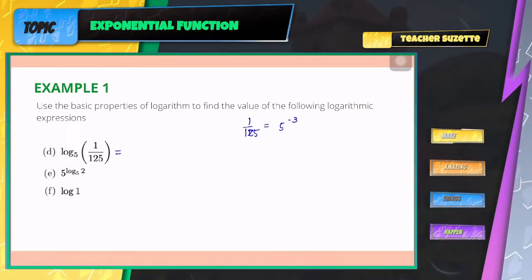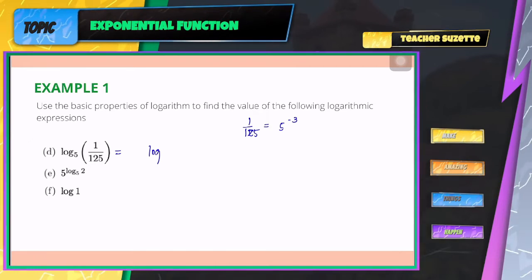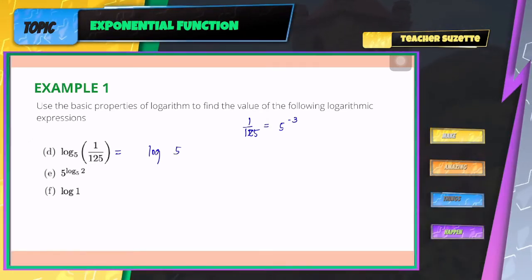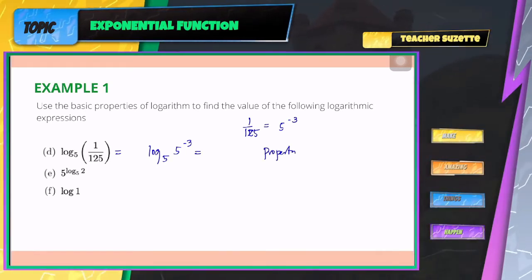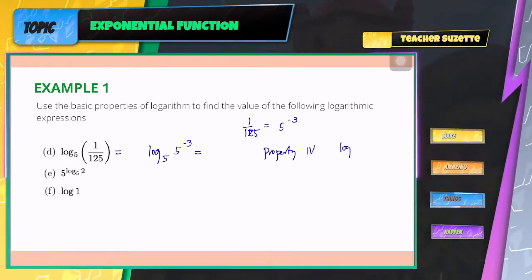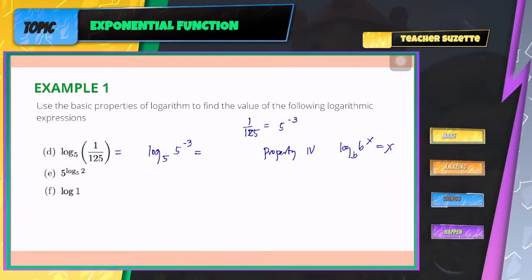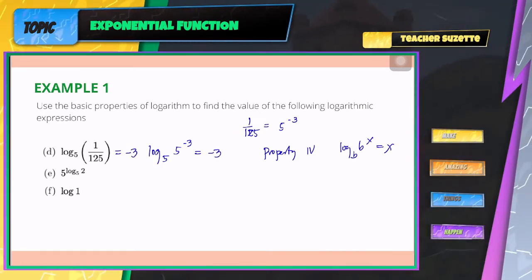So, if we replace 1 over 125 in our logarithmic expression, it will be the logarithm of 5 raised to negative 3 base 5. Using again our property number 4, which is the logarithm of b raised to x, base b, equal to x, our answer here is equal to negative 3.